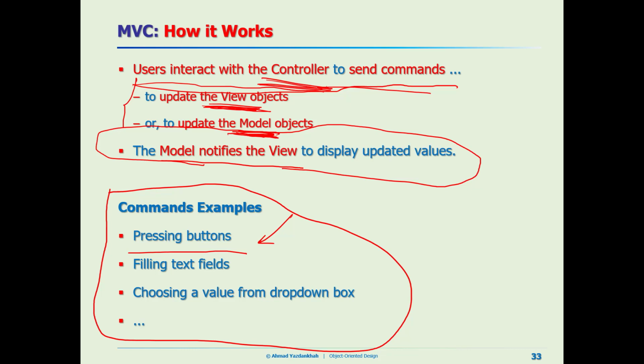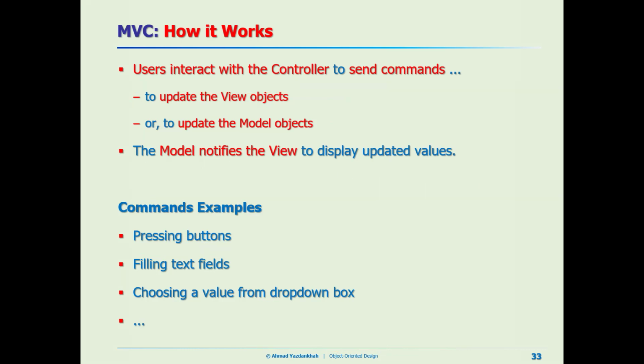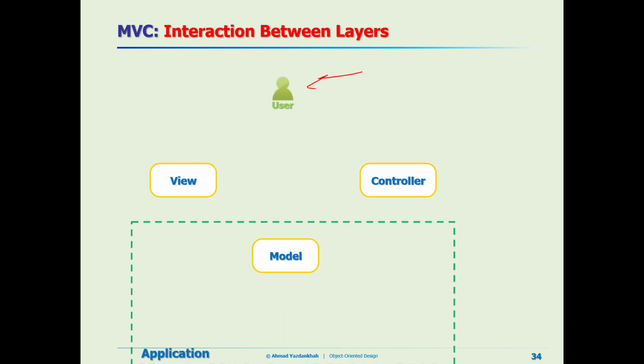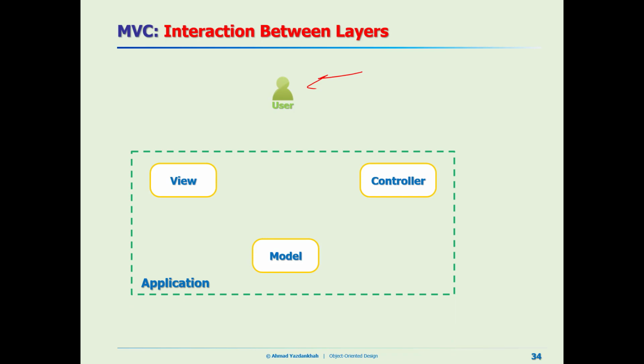Let me show you all of this explanation visually in the next slide. So here is the view, controller and model as you see here, and that's our user guy. All of these three are inside your application, all right?